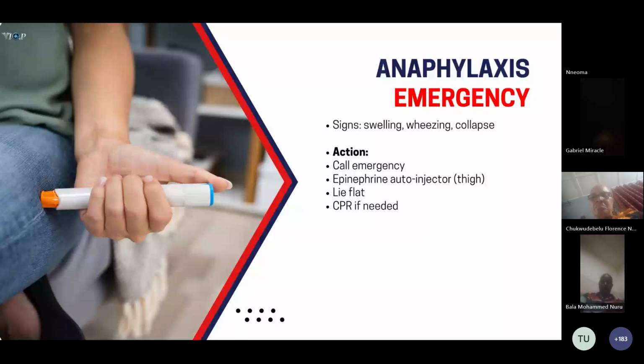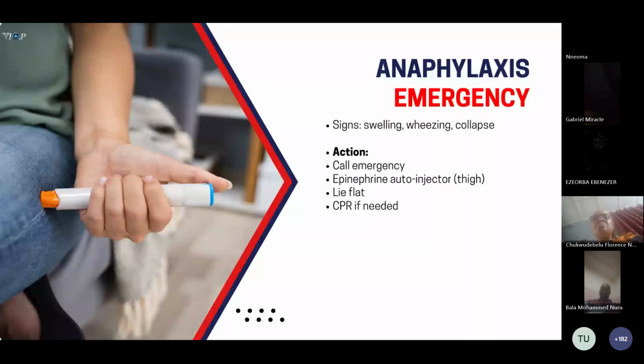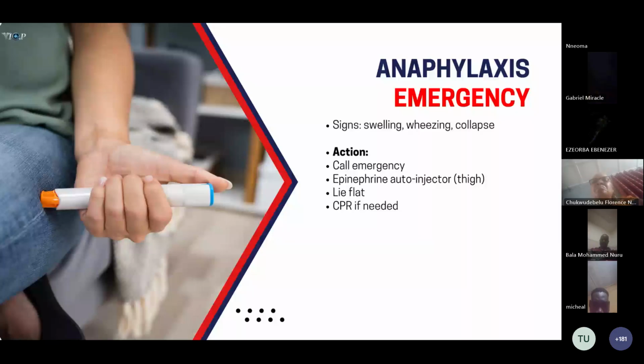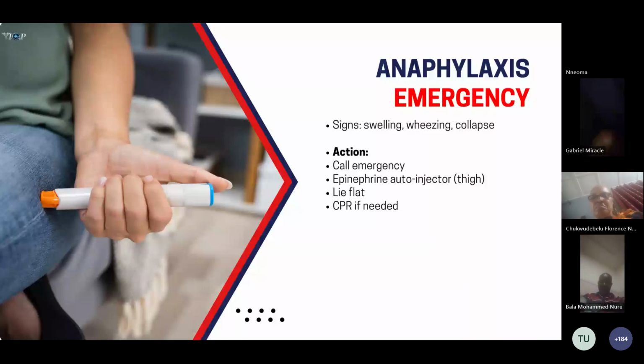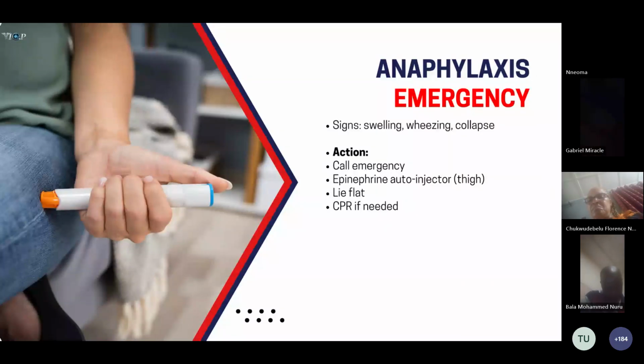You know that there's an emergency. It could be an anaphylactic emergency. And then after the whole wheezing and the person's face is puffed up, the person collapses, like the person fainted. What's going on? What do you do first? I said that the first thing to do in first aid is what? Please type in the chat box. What's the first thing to do?